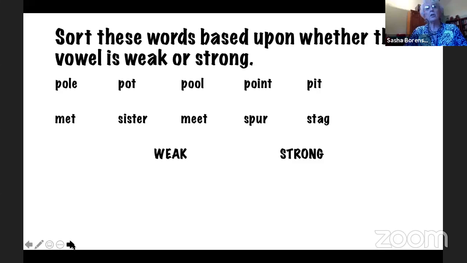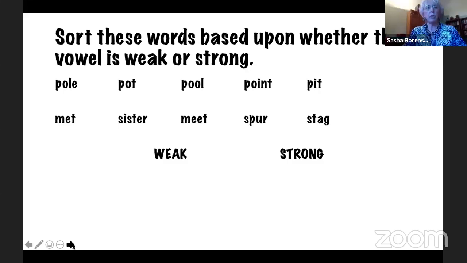Okay? So on the next slide, I have all these words. Those words are pole, pot, pool, point, pit, met, sister, meet, spur, stag. Could you please sort these words based on whether their vowel is weak or strong, please?